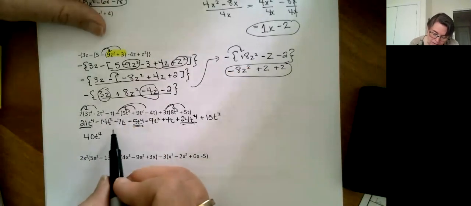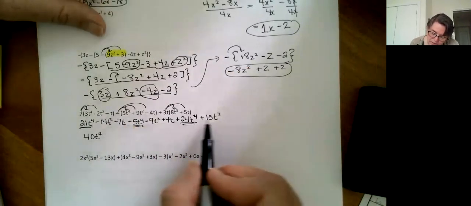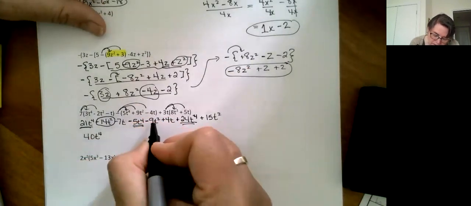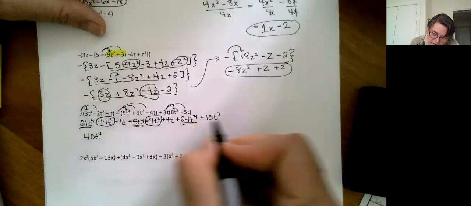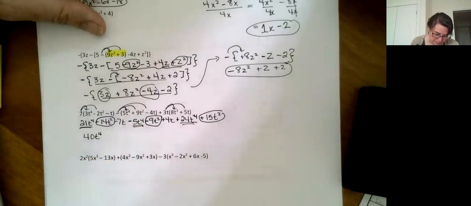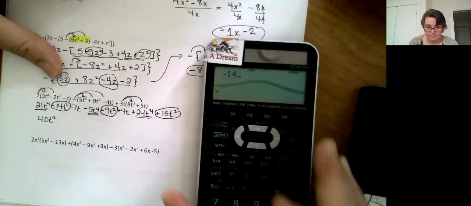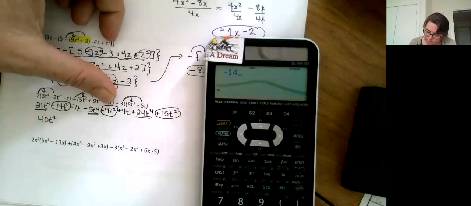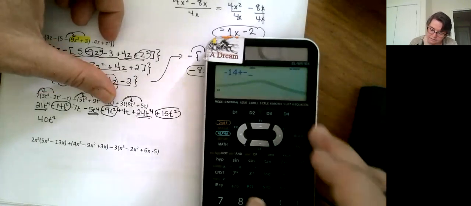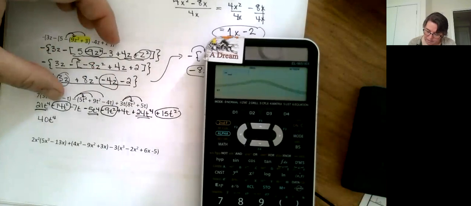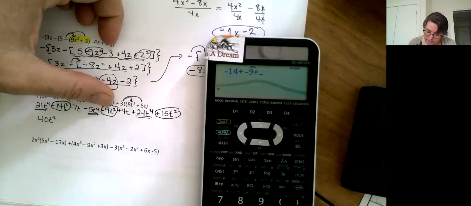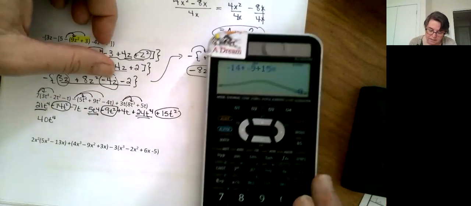All right, t to the 4ths. I do not see any t cubed, so now we've got minus 14t squared and minus 9t squared and 15t squared. Minus 14 plus minus 9 plus 15 is minus 8.